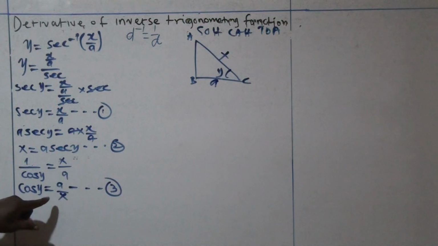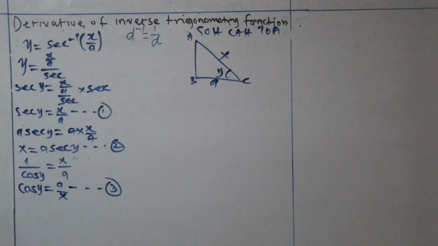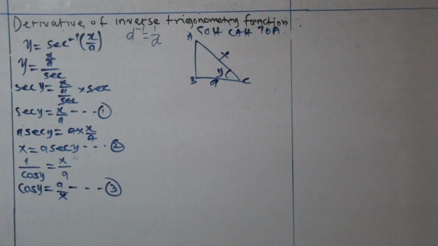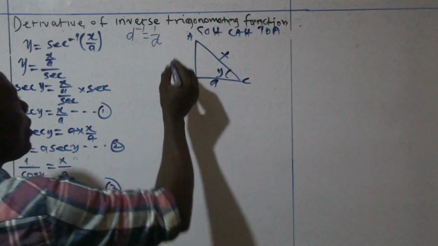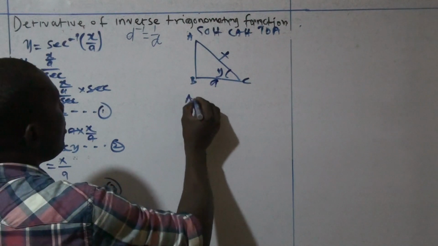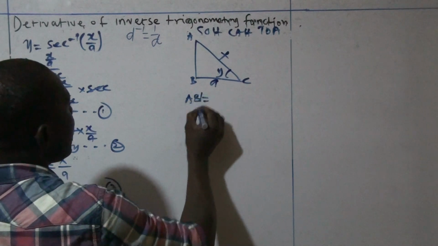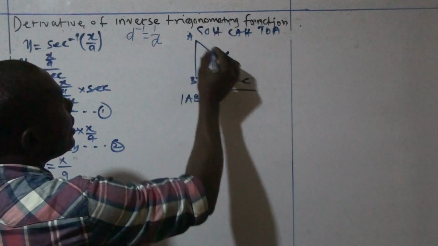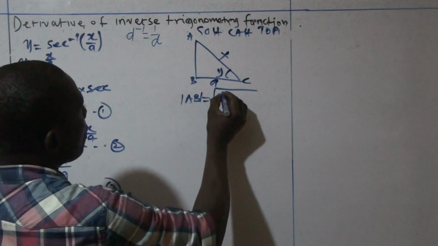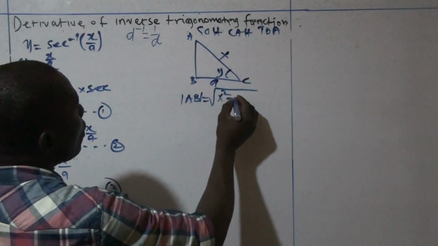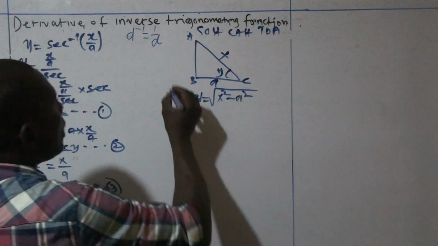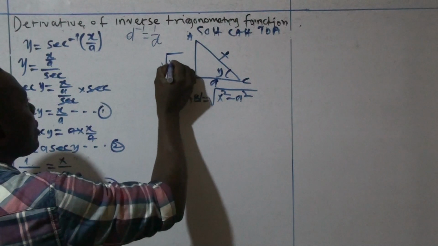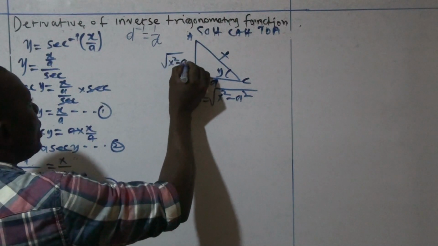So the hypotenuse is x and your adjacent is a. Then we need to obtain an expression for the opposite using Pythagoras theorem. So line AB will be the square root of AC squared, which is x squared, minus BC squared, which is a squared.